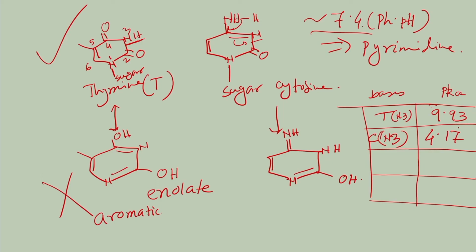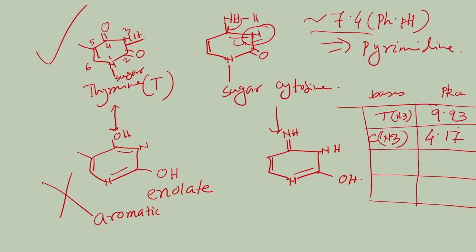That means that is already above pH 4.17. So, in cytosine the nitrogen would exist as N, not NH. So, again this is the form that will exist in biological system in DNA, not this form. So, thymine and cytosine both would exist in this form, not the enolate forms.